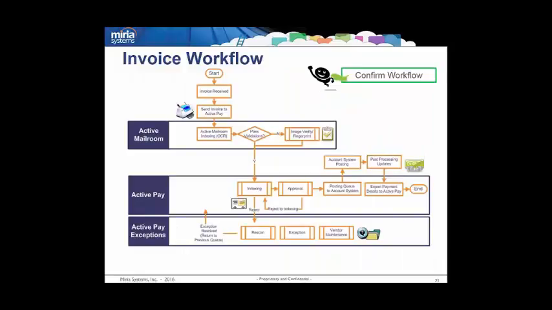We'll map out workflows. This is a simple screen workflow here for mapping out the process for, I believe, a non-PO type of invoice, how it works within capturing the invoice in the very beginning of the process, and then maybe just as important as what we call the happy path in the middle, where your invoice comes in, it gets coded, it goes to approval, and then it gets paid, you have exceptions.